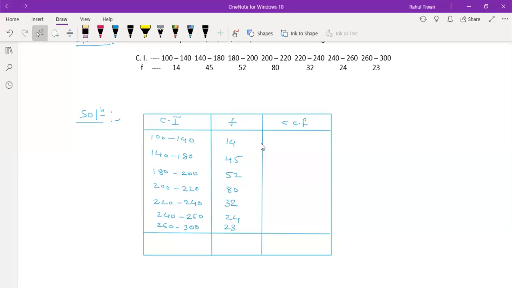See, these data are very big, so you need to use a calculator. Make sure you are doing the additions correctly so that there are no mistakes. Let me know whether this less than CF is right or wrong. Use a calculator and check it.